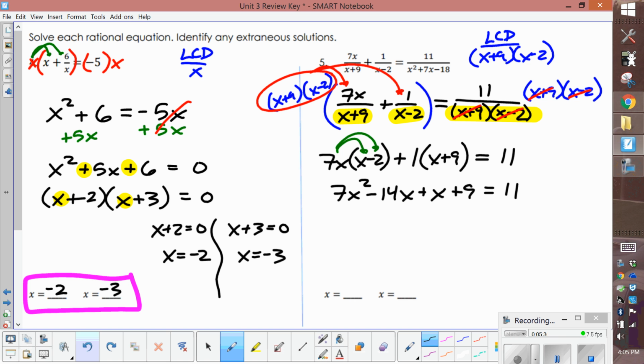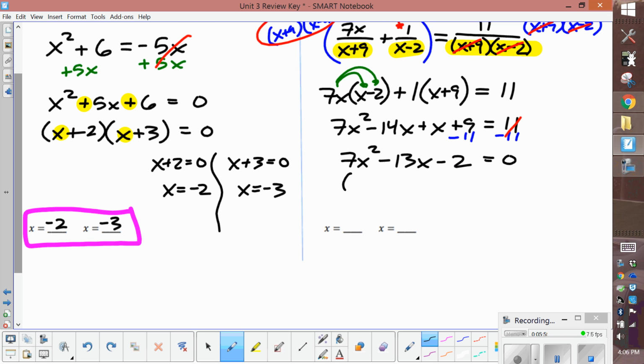And now I'm just going to clean some things up. I can go ahead and combine like terms right here. I get 7x squared minus 13x. And then I'm also going to subtract 11 from both sides. So this goes away. I get negative 2 equals 0. Now this is something I can factor. We'll go ahead and factor. 7x and x are my only options to multiply together to give me 7x squared.